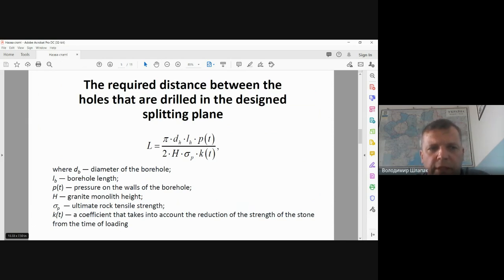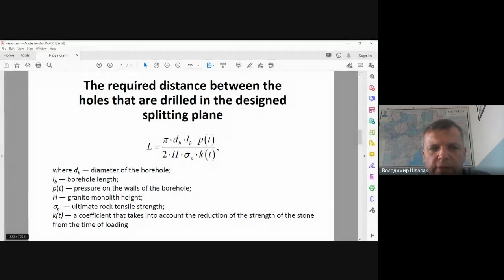The equation consists of such parameters as diameter of borehole, length, pressure in the borehole, granite monolith height, ultimate rock tensile strength, and a coefficient that takes into account the reduction of the strength of the stone from the time of loading.